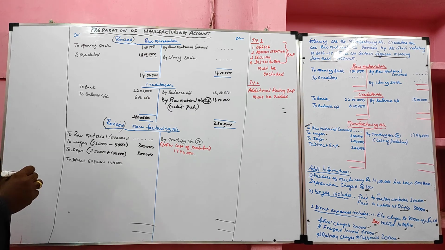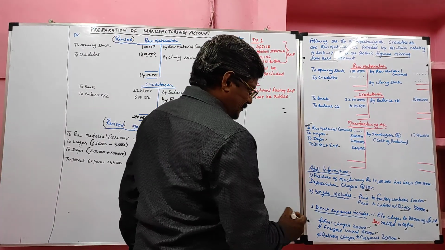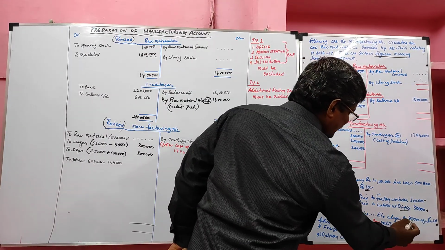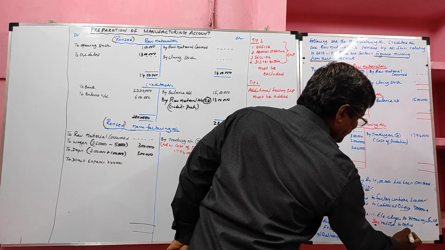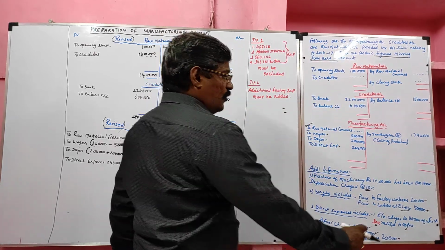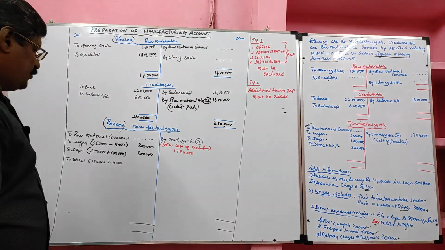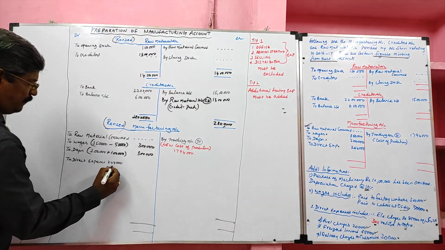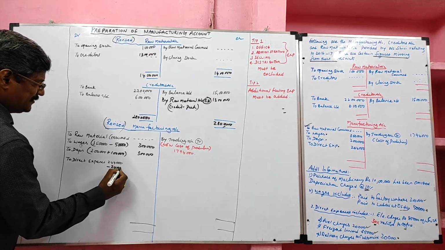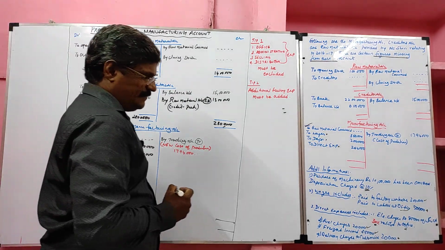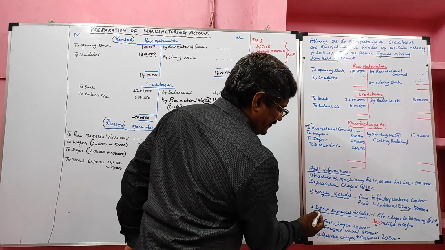Okay. Then come to direct expenses. Direct expenses include electricity charges of 80,000, of which 30% relates to the office. So 80,000 into 30% is 24,000, which we should exclude from direct expenses. Yes. Fuel charges are correctly recorded in the direct expenses.